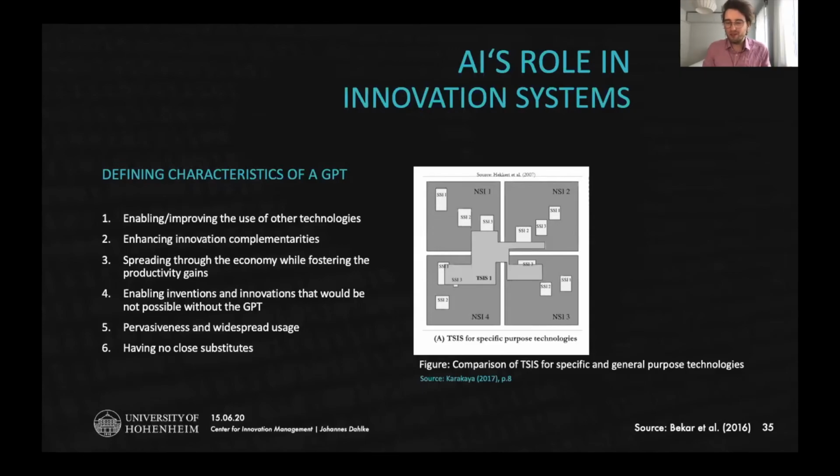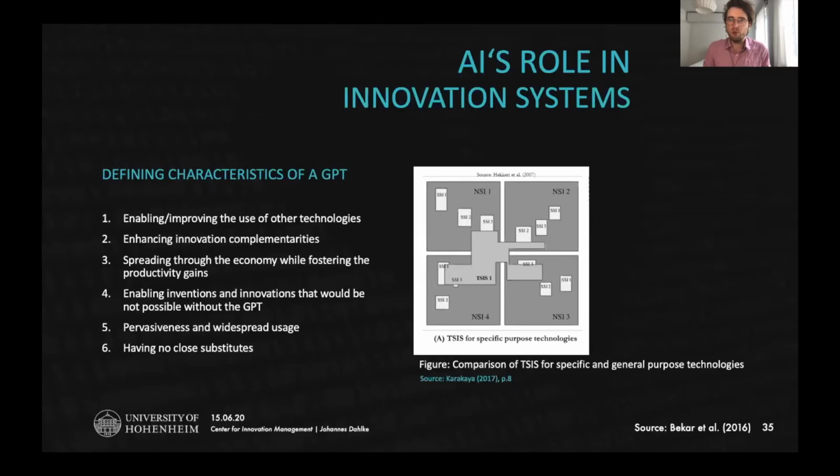So on the right, you can see how different kinds of innovation systems interact, okay? So in the middle, we see a technology-specific innovation system for a technology that is not a general purpose technology. For example, solar panels on a roof, okay? And we see that this technology-specific innovation system is connected to different kinds of other national innovation systems.